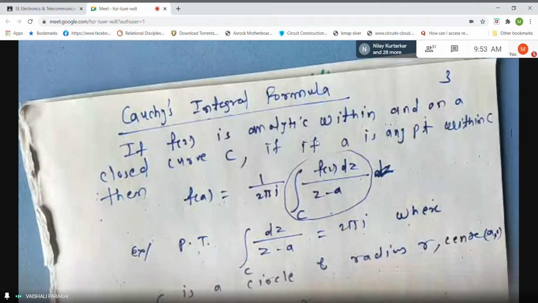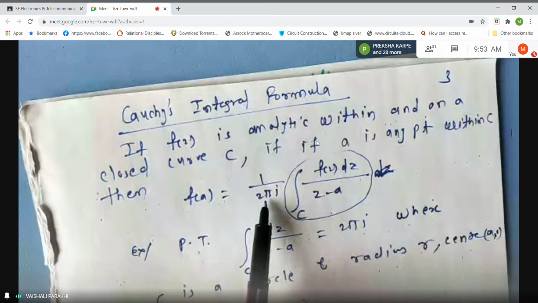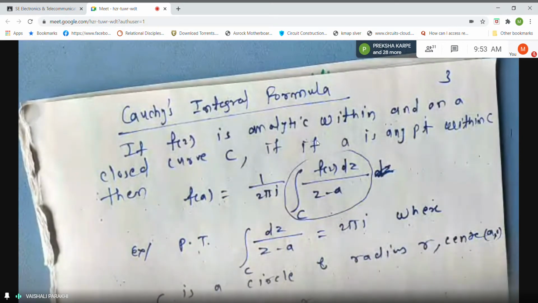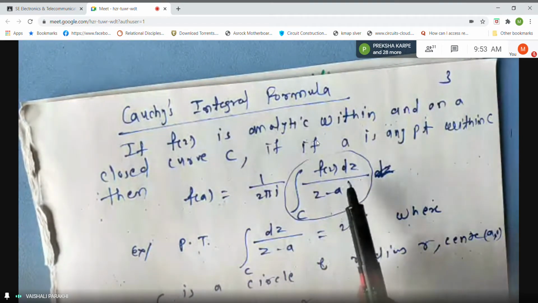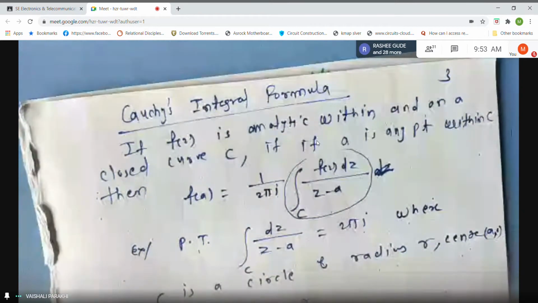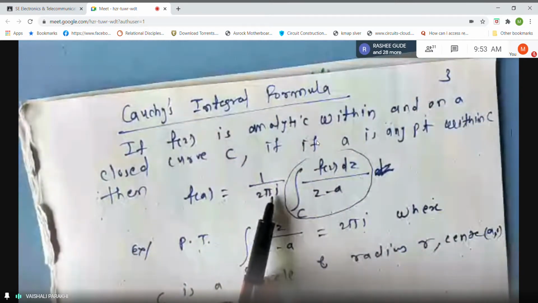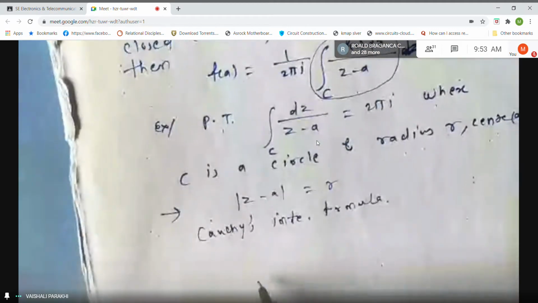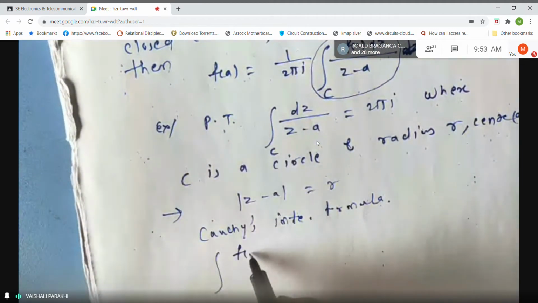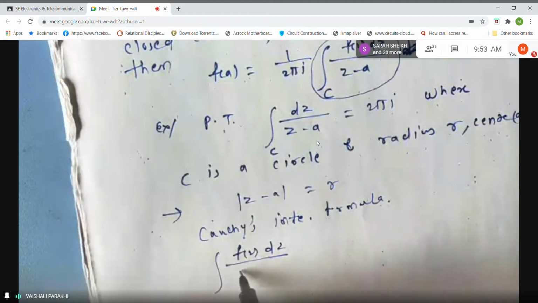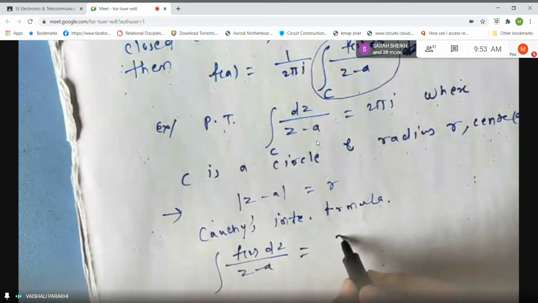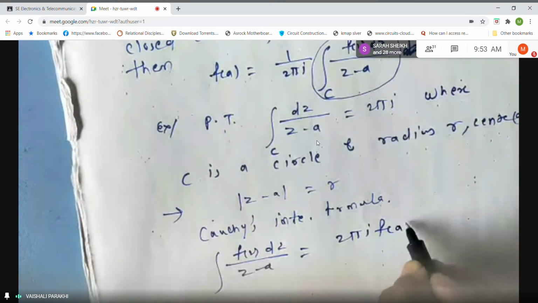While using this formula, we just cross multiply the 2 pi i to the other side. So I am writing the same formula by cross multiplying the 2 pi i. My left hand side will be the integral of f of z dz divided by z minus a is equal to 2 pi i f of a.